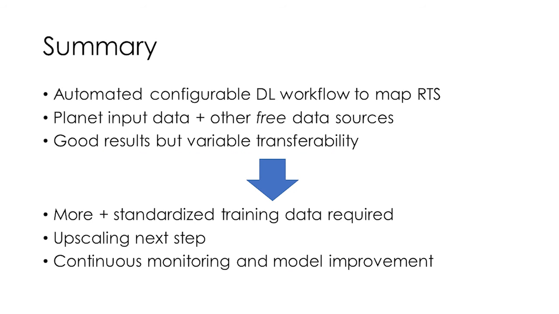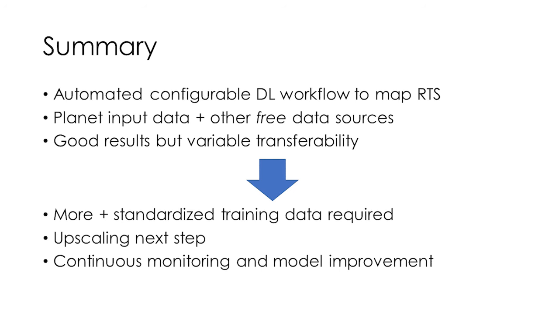To sum up this talk, we presented here an automated, configurable deep learning workflow to map retrogressive thaw slumps, which are very distinct features of the permafrost region. We used Planet input data plus other free data sources, and we achieved good results with variable transferability.